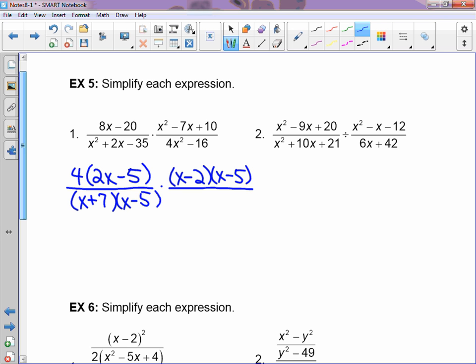Now I can already see several things happening here because you take out the 4, and then you have the difference of squares right there. Okay, remember that? So I actually have 4 times x plus 2 times x minus 2.